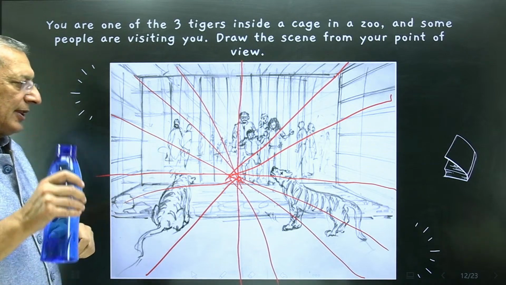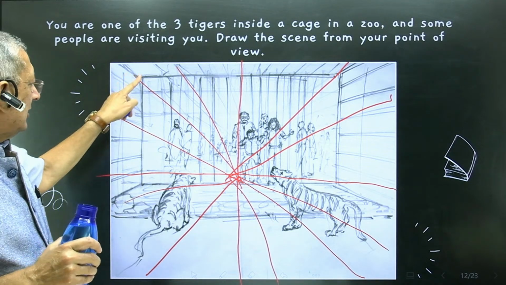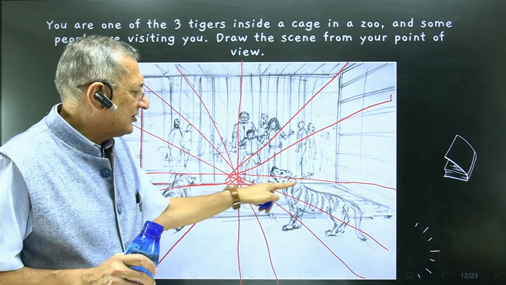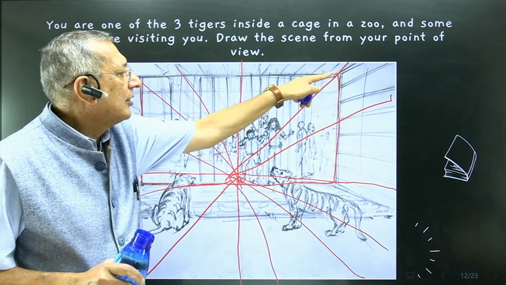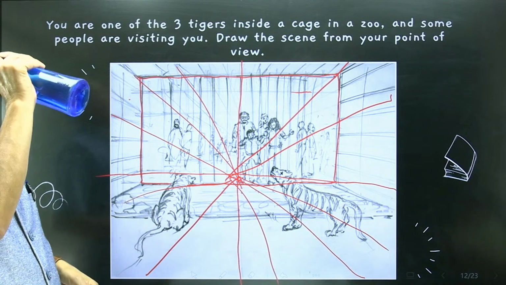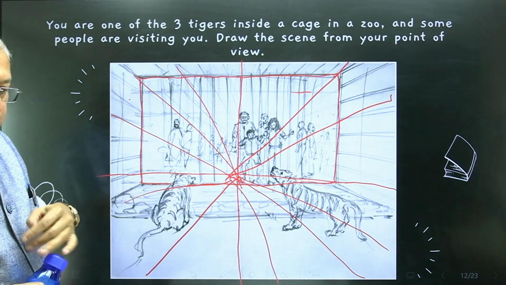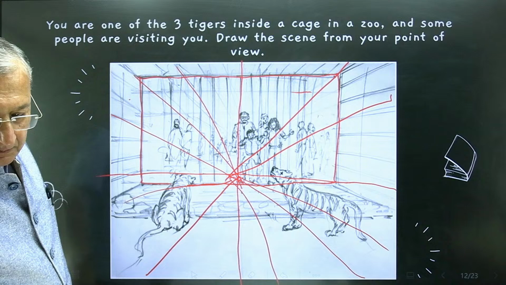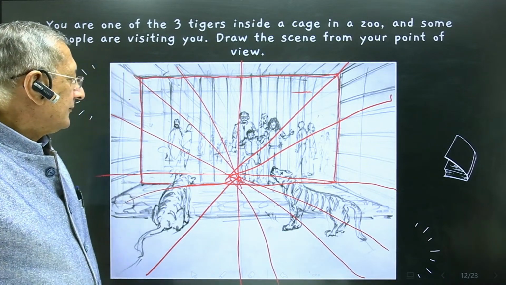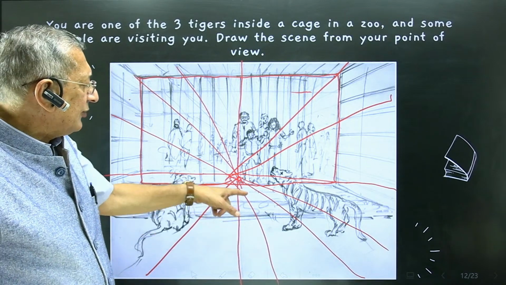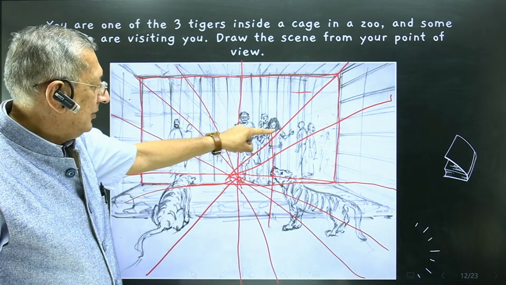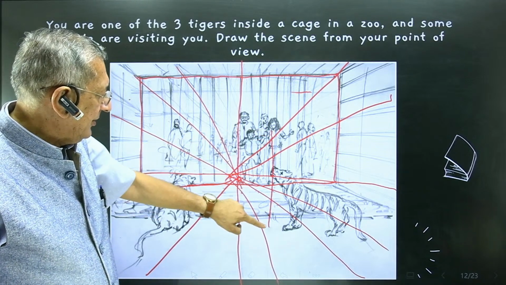Okay? Then you are also creating a non-deviating surface. Here, because of the perspective, you could think yourself to be up here and then draw.